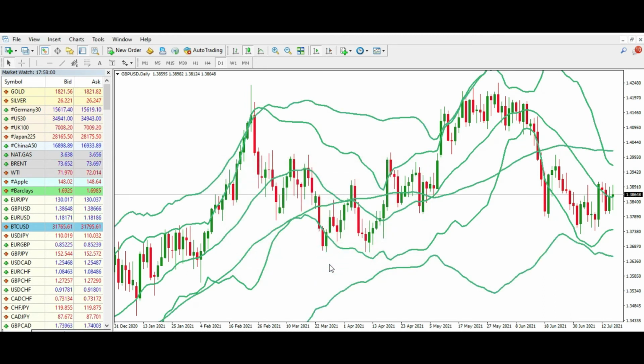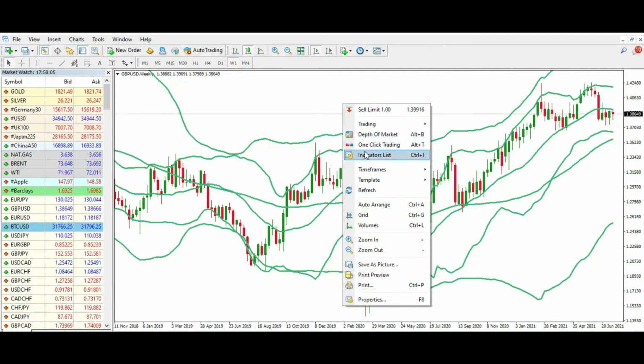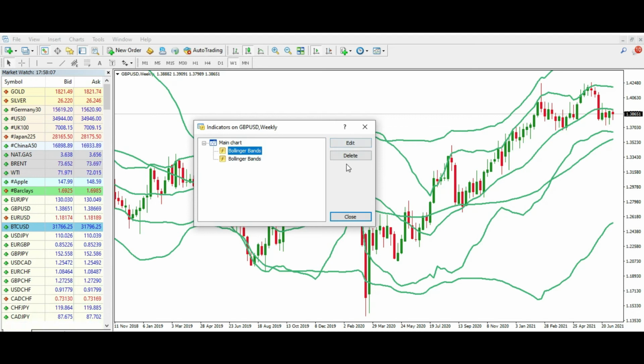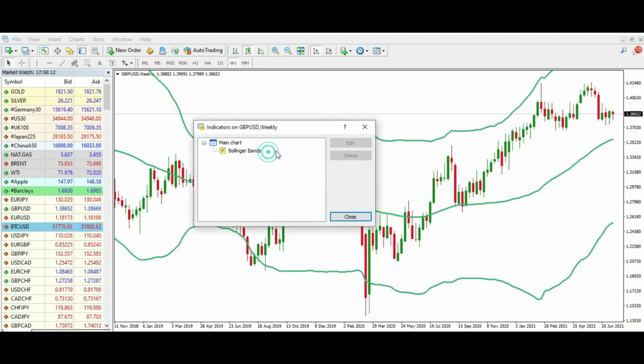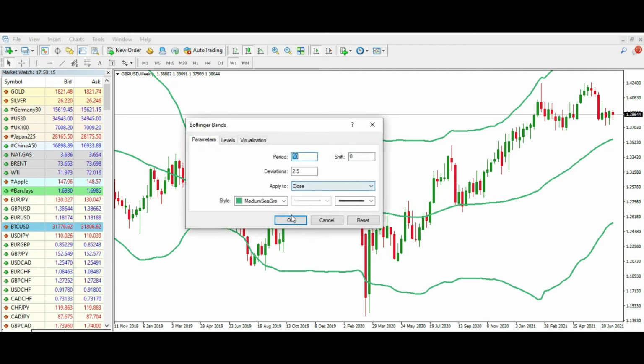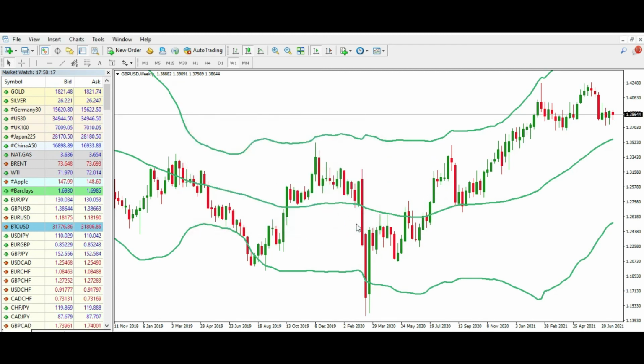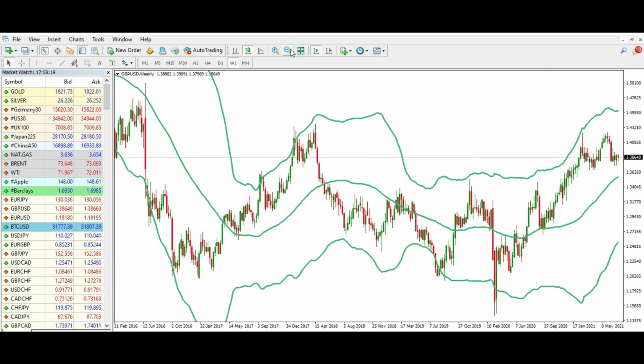Look at this. It's a little bit crazy. Just a moment, I will remove the first one to see how that looks. Yes, I keep this. As you can see, this is for traders that want a wider Bollinger Band. So you can use 20 period 2 deviations, and this is another setting if you want a wider range to trade.